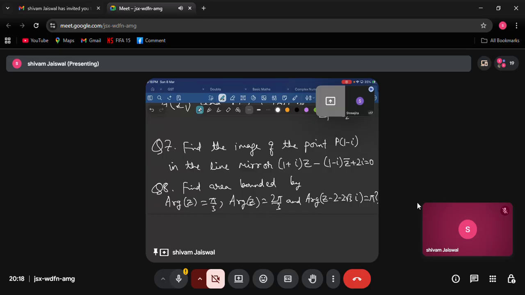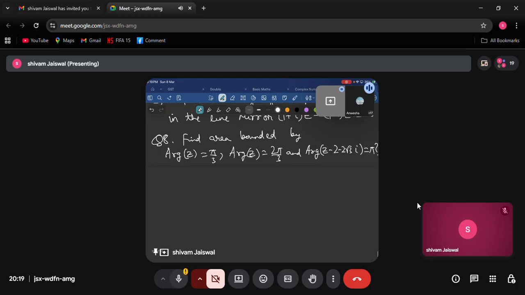Yes, Shujita, your answer is correct. Others are solving. Abhishek, there is a slight mistake. Ahir, check your answer again. Yes, Shomali, right answer.